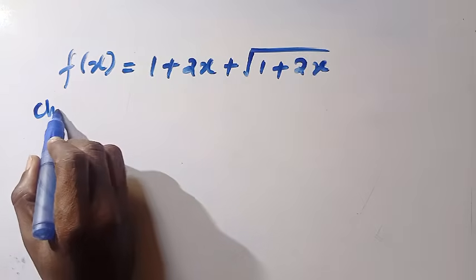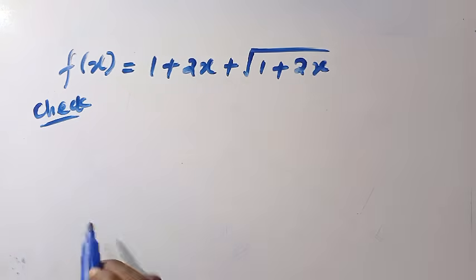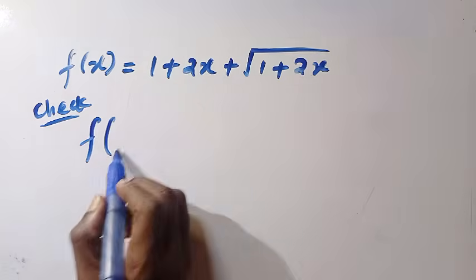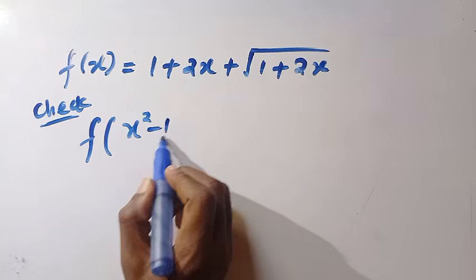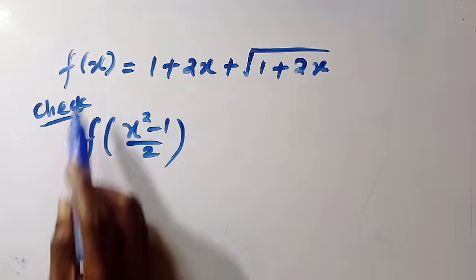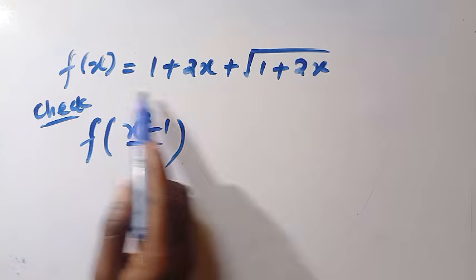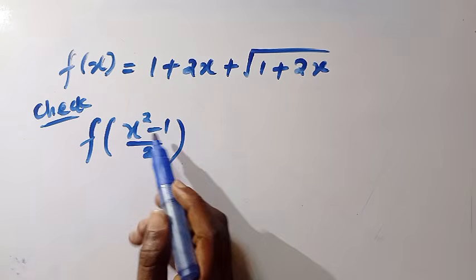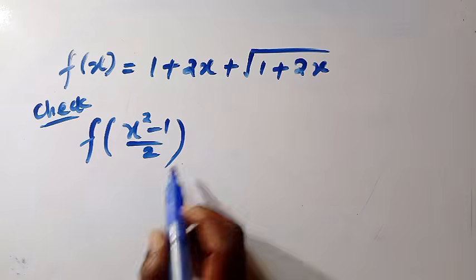So let's put a quick check on the first one. Since we have f of (x squared minus 1)/2, and initially it was f of x, anywhere we see x, we replace it with (x squared minus 1)/2.